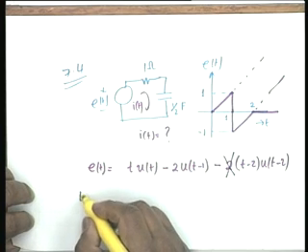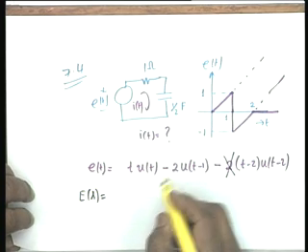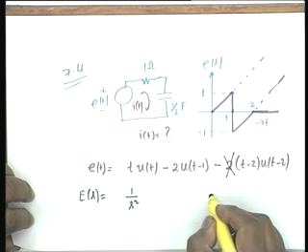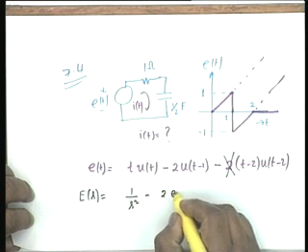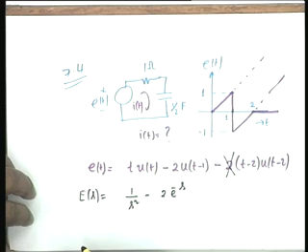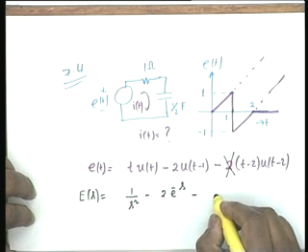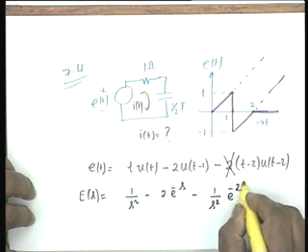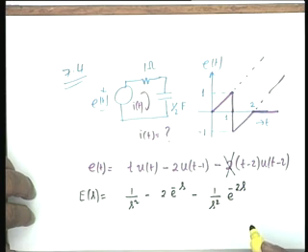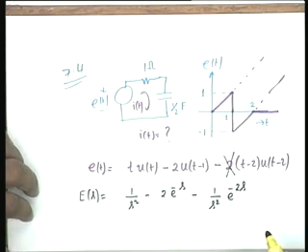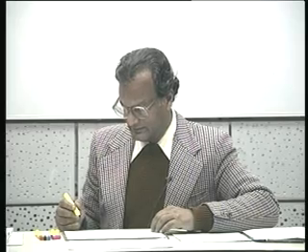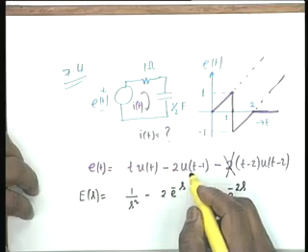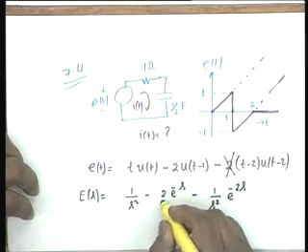Okay. So, what is E of s? I can write this also by observation: 1 by s squared minus 2 e to the minus s by s, minus 1 by s squared e to the minus 2s. So, this is my excitation waveform. The second term will have s in the denominator.